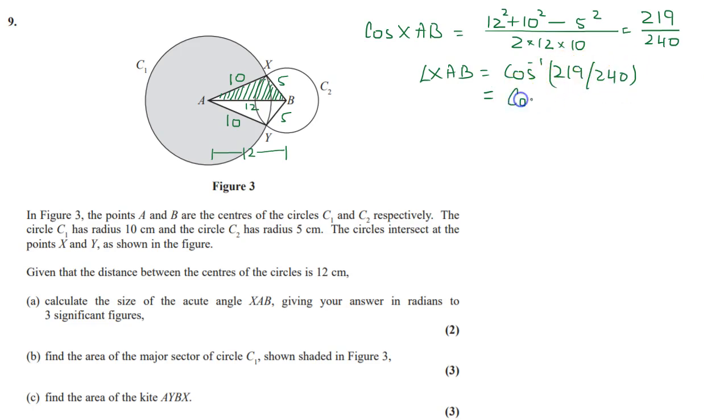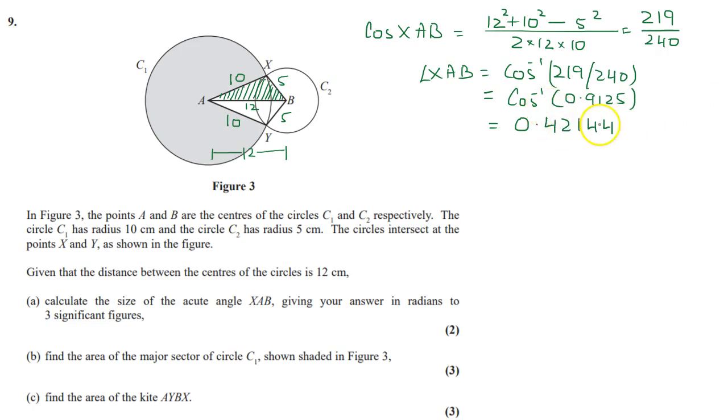So that is cos inverse of 0.9125, which is equal to 0.42144, whatever is there.